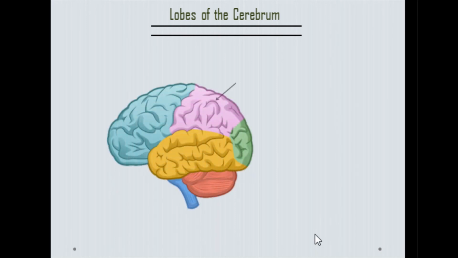What do you think is the third lobe? Let's try to see. What do you think is the name of this purple colored lobe? Right, it is the parietal lobe. Parietal lobe. Your turn.